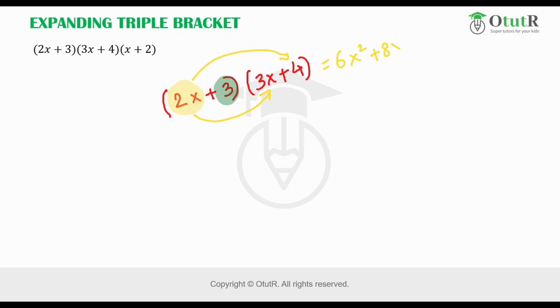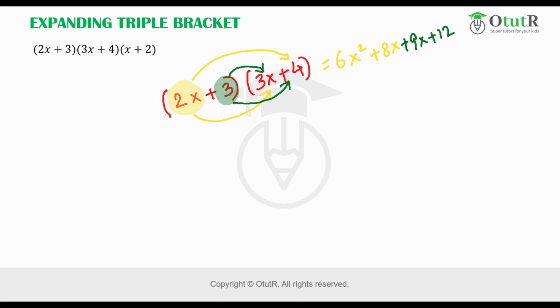As we did for 2x, we are going to multiply 3 first with 3x, then with 4. So if we do that, we are going to get 9x and 12.